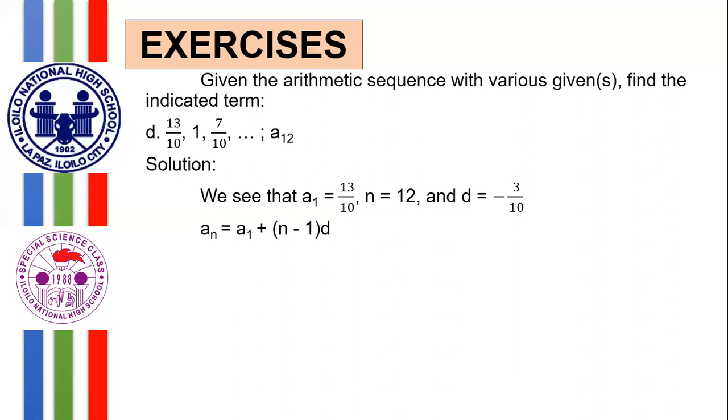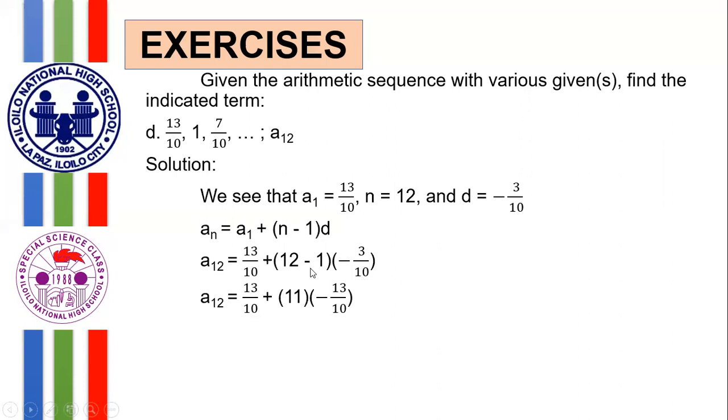substituting, we have a sub 12 equals 13 over 10 plus 12 minus 1 times the quantity negative 3 tenths. 12 minus 1 simplifies to 11.